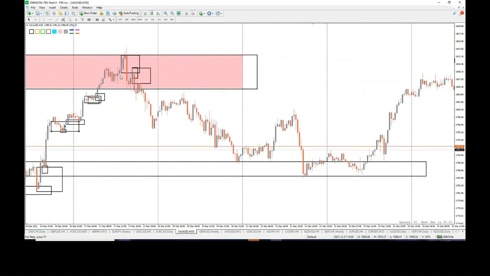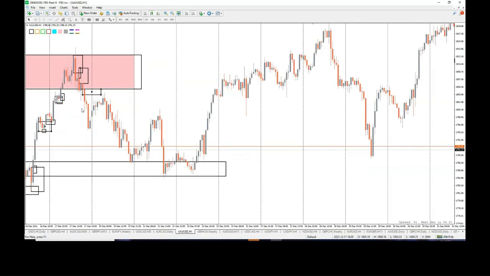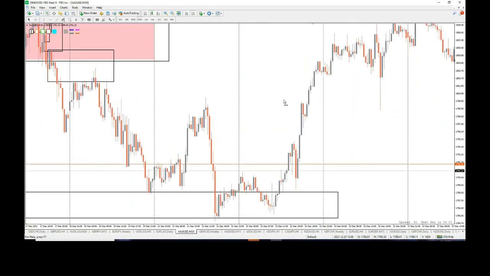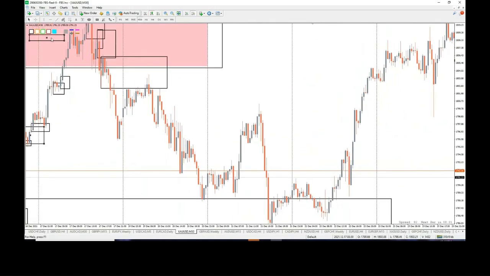This is your next re-entry because this is an H1 zone, right? And the price is telling us to go down. When the price comes into the H1 zone, if you think this zone is big, we have to wait for confirmation: H1, M30 or M15 to make an engulfing sell like this.